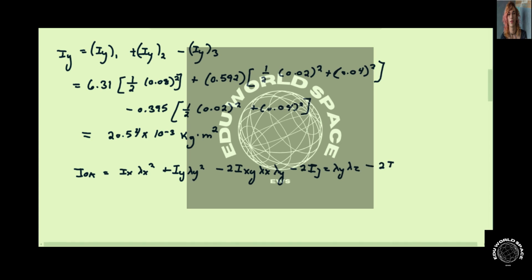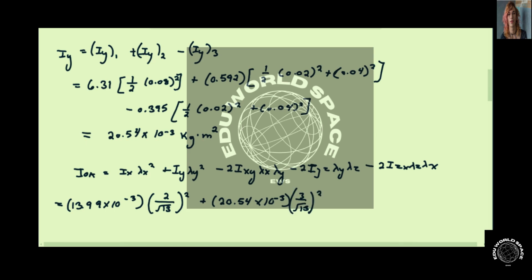Okay, so we have 13.39 times 10 to the negative 3 times 2 over root 13 squared plus 20.54 times 10 to the negative 3 times 3 over root 13 squared minus 2 times 3.944 times 10 to the negative 4, and we have 2 over root 13, and we have 3 over root 13.